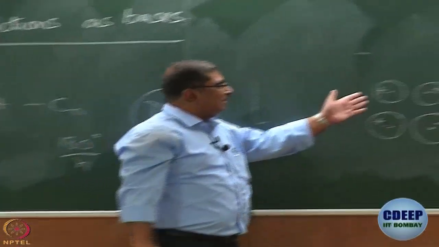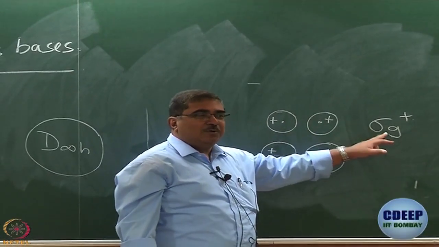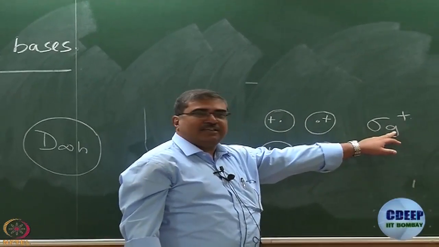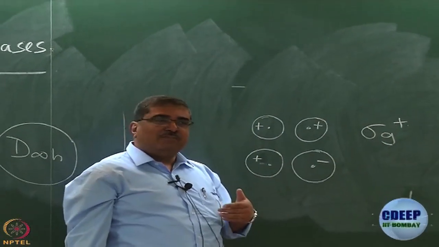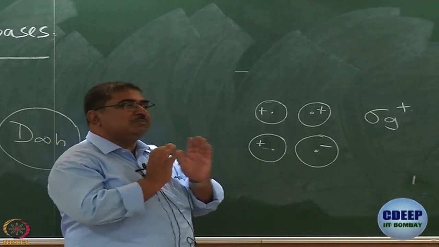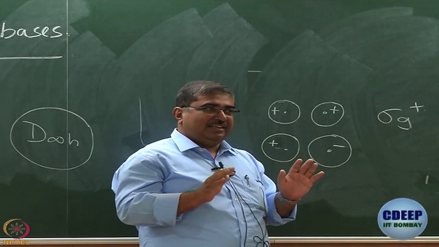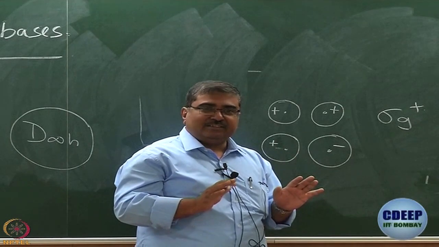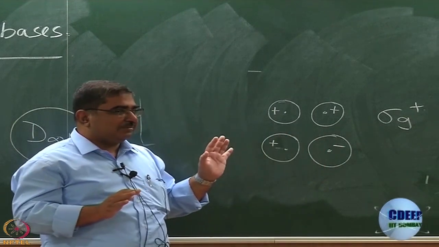So, from now on we are going to call it sigma g plus orbital. You might note that I have used small sigma here, right? That is the other convention we are going to follow. Whenever we write a wave function, we will use small letter. Whenever we talk about a state, we use a capital letter. That is going to come very handy in our discussion of electronic spectroscopy.